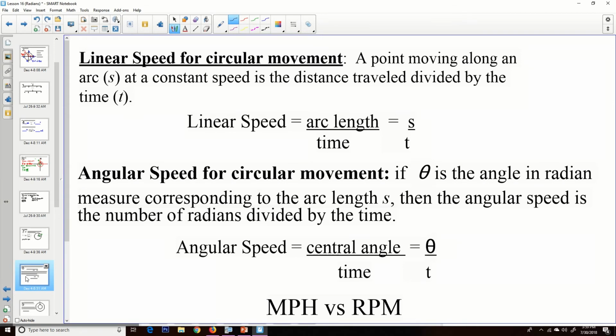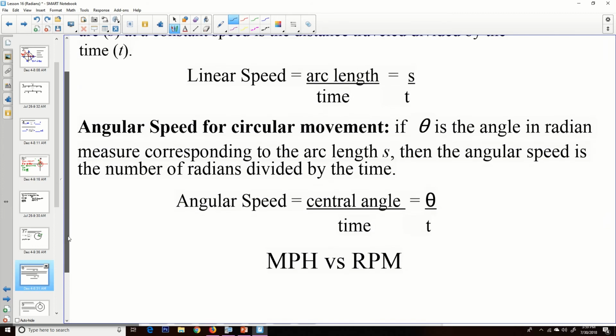Angular speed, though, measures how many degrees or radians the point on the end of the circle has traveled. So if theta is an angle in radian measure corresponding to an arc length S, then the angular speed is the number of radians divided by the time. So you calculate the central angle, and that central angle could be multiple revolutions, divided by the time.